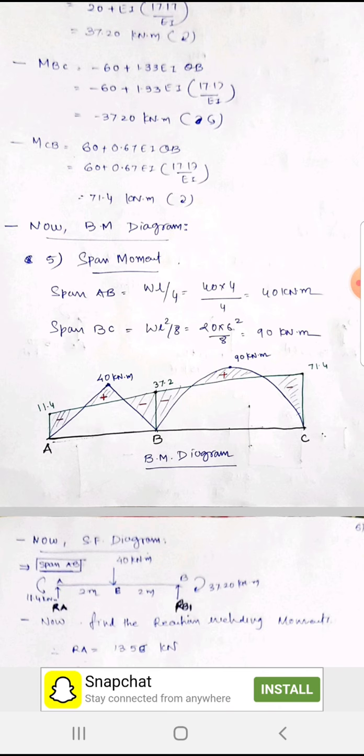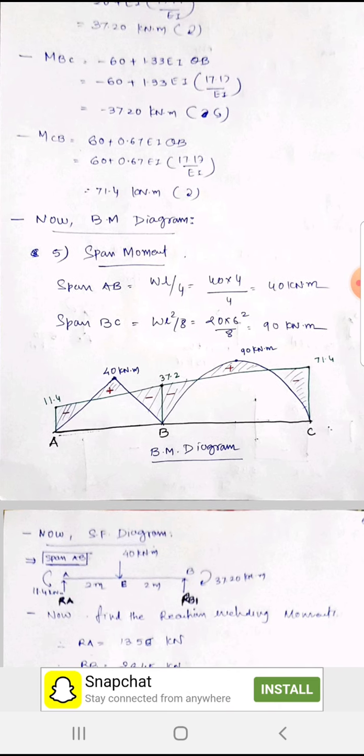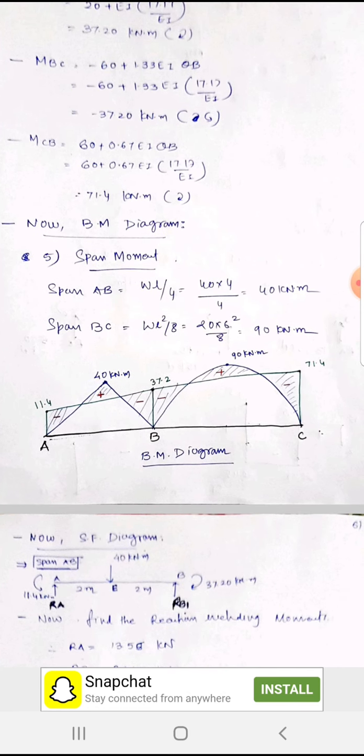So first, we draw the span moment. After that, at the supports, what moments have we found? At support A it is 11.4, at support B 37.2, and at support C 71.4.